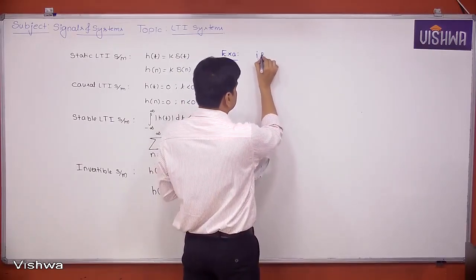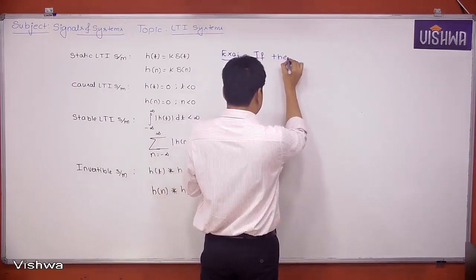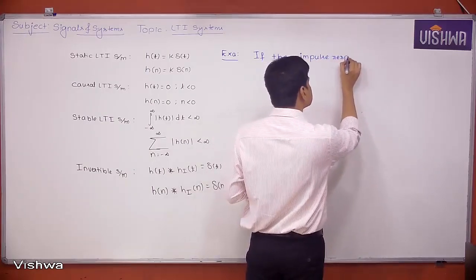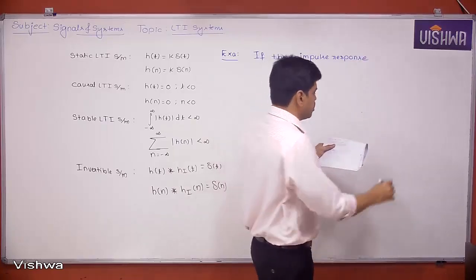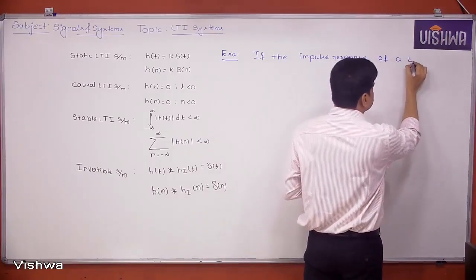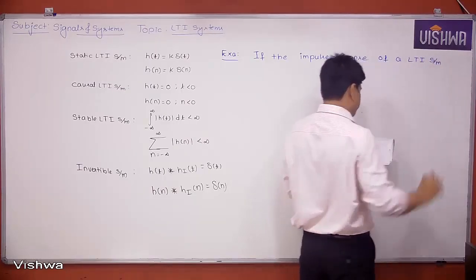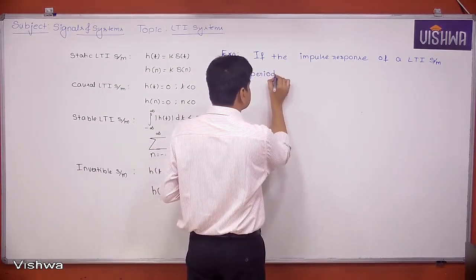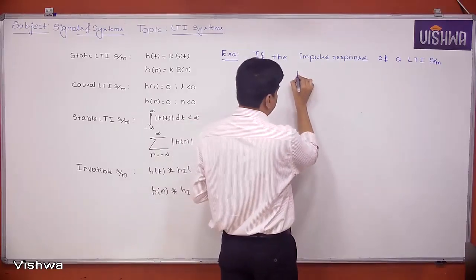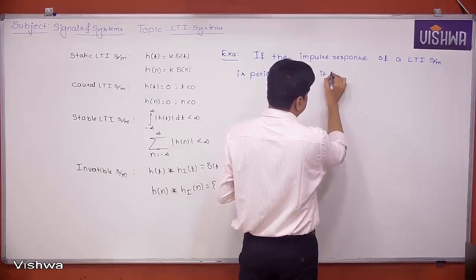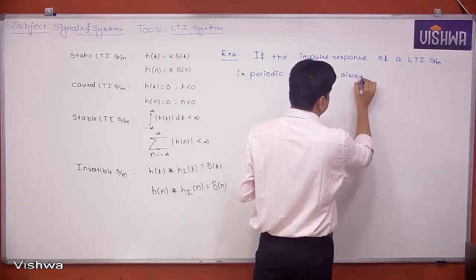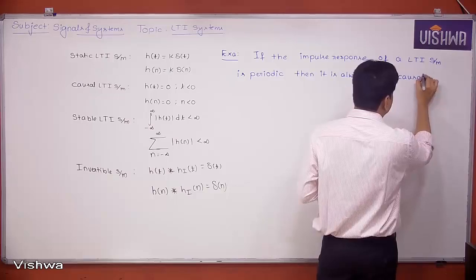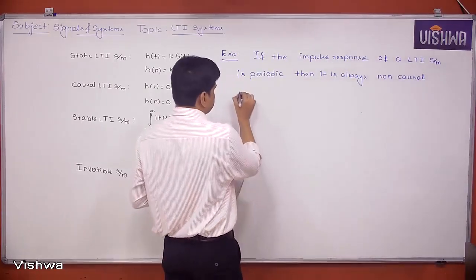If the impulse response of an LTI system is periodic, then it is always non-causal and unstable.